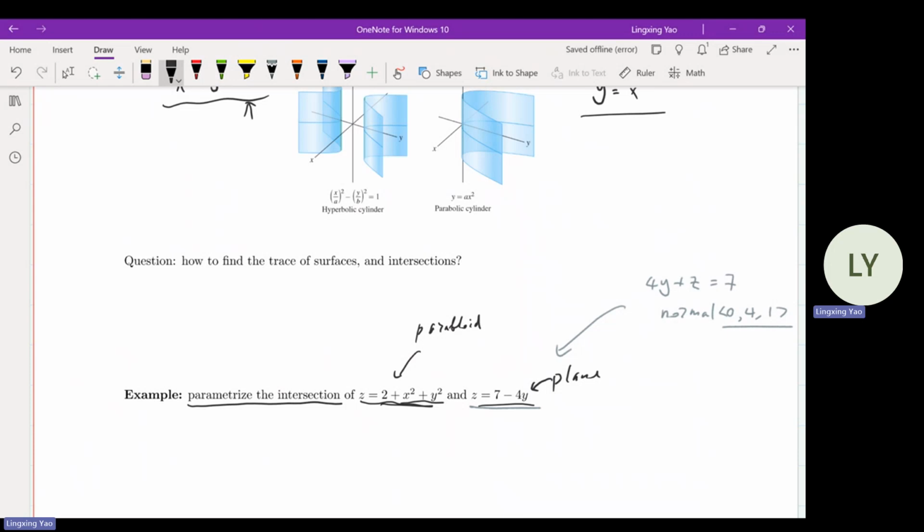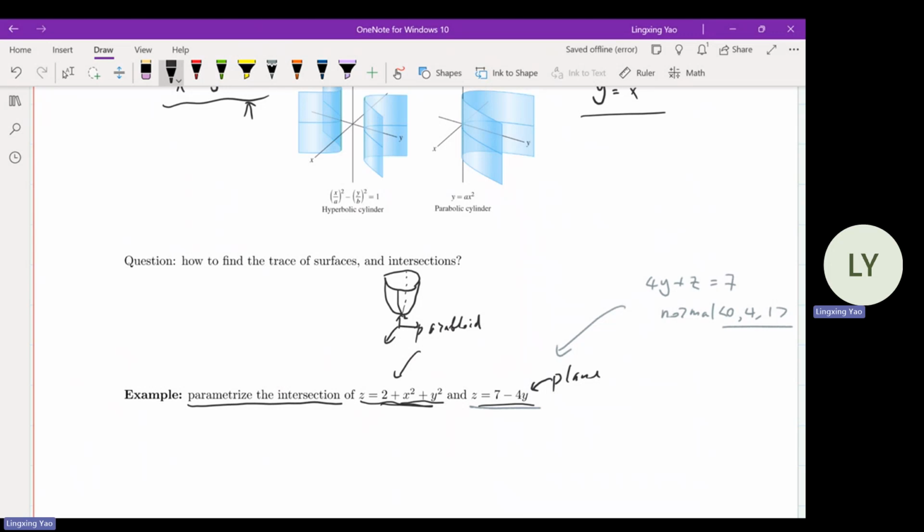So how do you imagine it? At different heights of positive z, you get a different radius for x squared plus y squared. So this is a paraboloid. You can sort of imagine the shape looks like this. And this is 2.